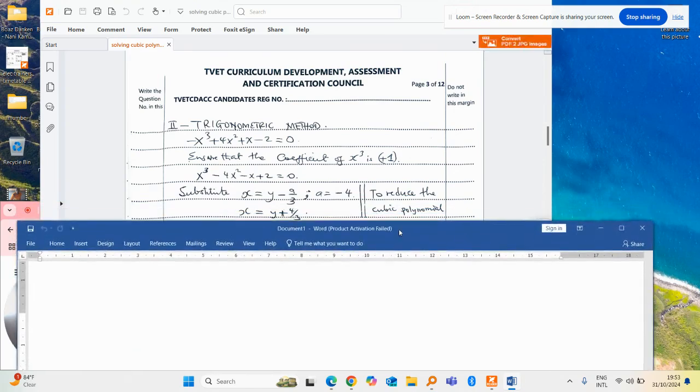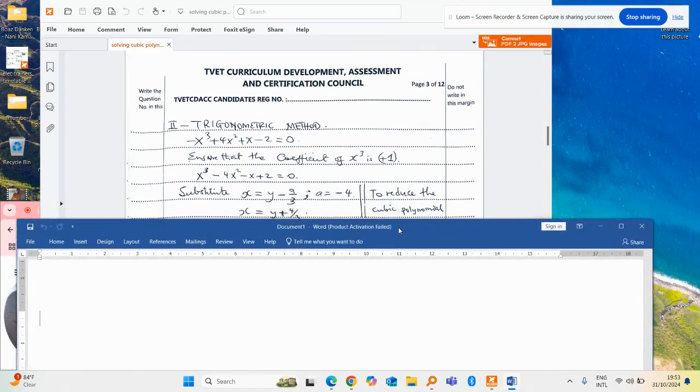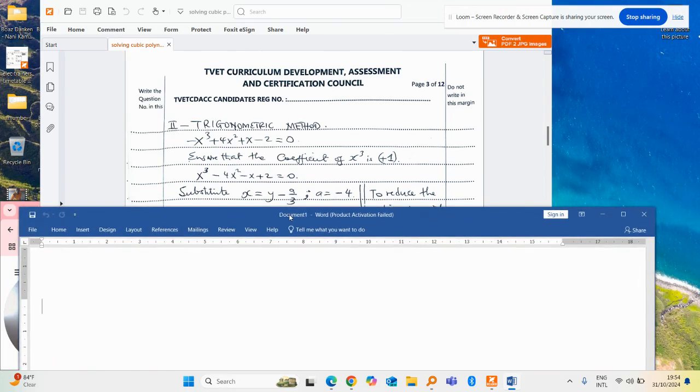The second thing is to reduce the cubic polynomial, to remove the term having x squared, and that is done by substituting x equals y minus a over 3. In our case, a is negative 4.